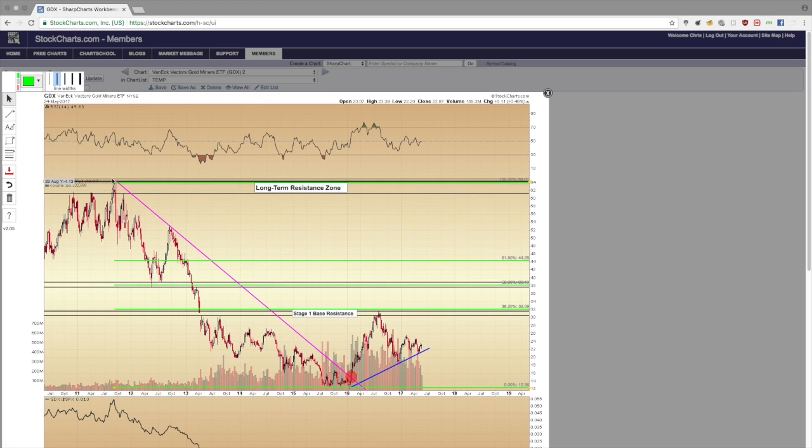These are levels where if you have had a strong move in one direction, such as we had here from 2011 to 2016, Fibonacci levels are levels that a market tends to see as a retracement. They can also be used for continuations, but let's focus on this as a retracement. You tend to see these as a retracement.